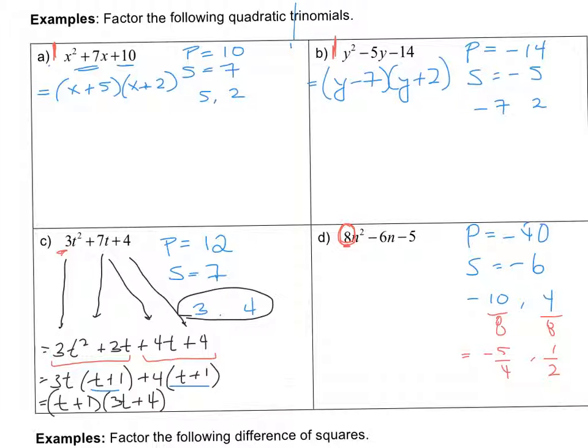This is the part where you have to trust me. If you read from the bottom up, you will get the following brackets. If I read the negative 5 over 4 up, I get 4x minus 5.